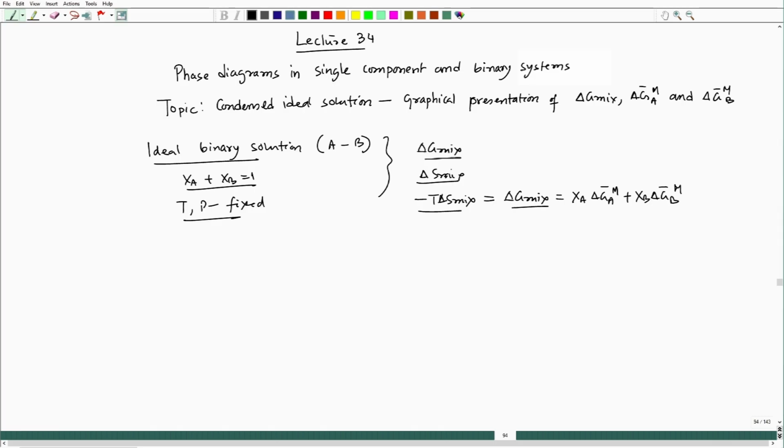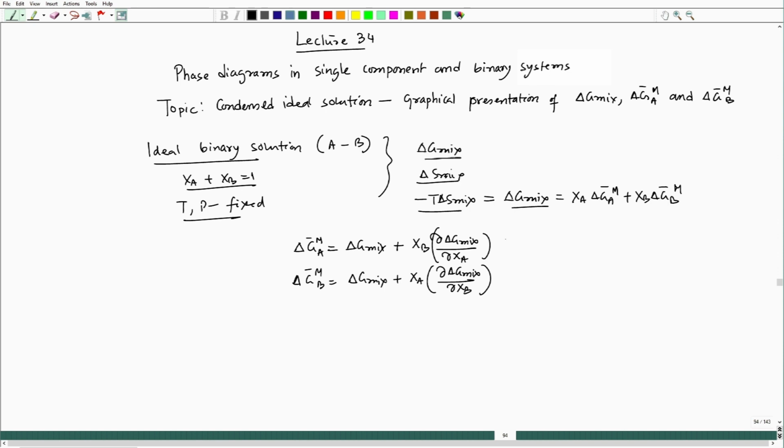And then we have also seen that delta G bar A M equal to delta G mix plus X B, and delta G bar B M equal to delta G mix plus X A. We have also derived that.